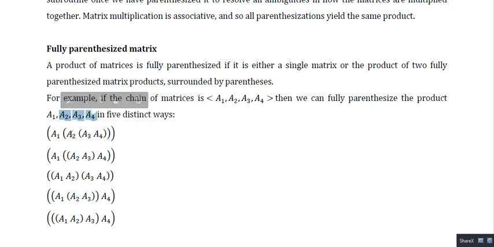These are all possible ways. We can parenthesize A3, A4 first, then parenthesize A2 into this whole thing, then combine A1 with this whole thing. Similarly, we can parenthesize this first, then combine. So these are all the possible ways by which the sequence A1 to A4 can be parenthesized. All will yield the same result, but in terms of computation time, they will vary.